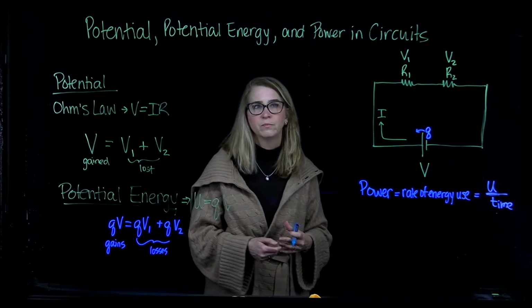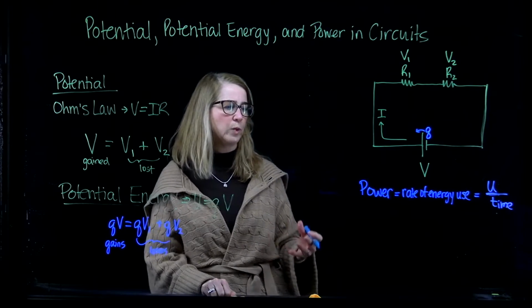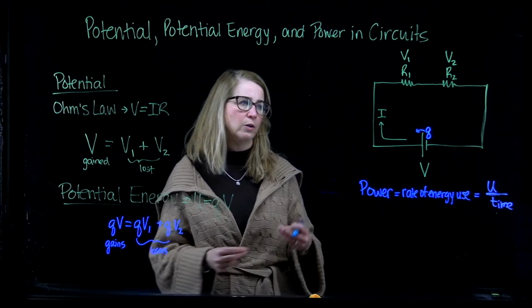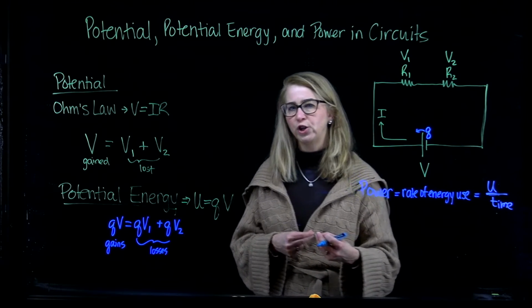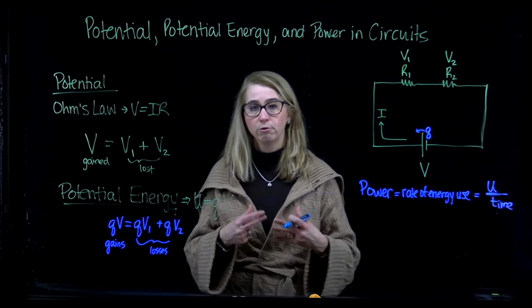Now, power, we've talked about that before. We talked about that first semester, and one way that we can think of it is the rate of energy use, in terms of the potential energy changes that occur over time. That makes it a rate.